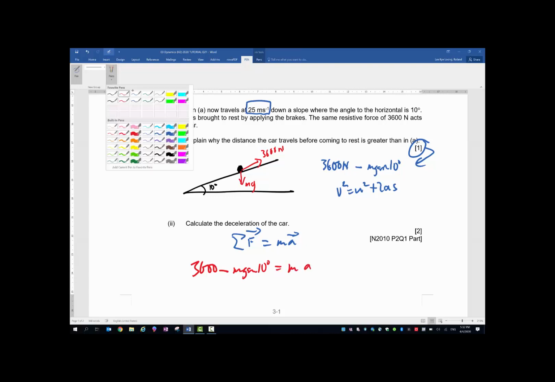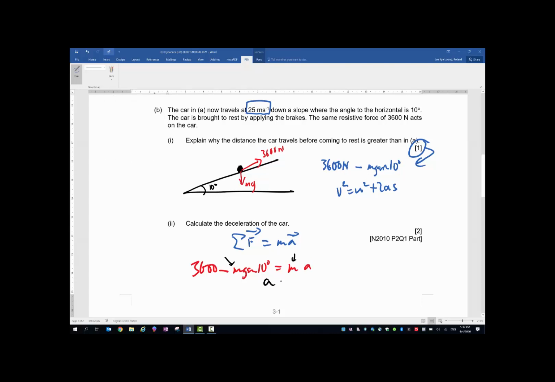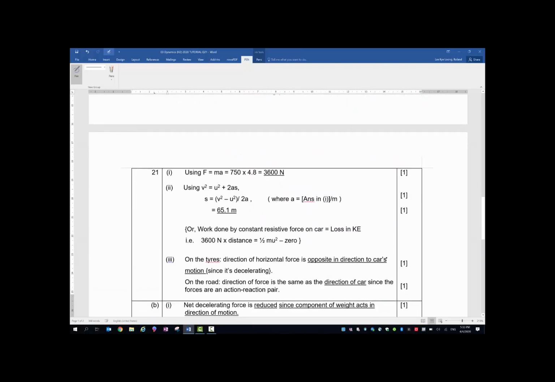So after doing all the relevant substitution where m is 750, you'll find that a is equals to 3.1 meters per second square, which is smaller than the 4.8 meters per second square if it was on a horizontal road. Okay, so this is the explanation for question 21, and the full write out of the solution is here. Thank you very much.